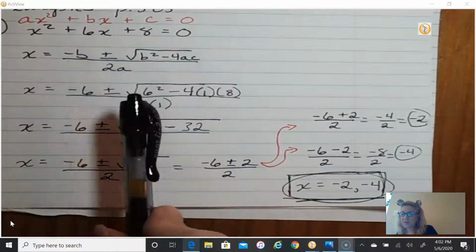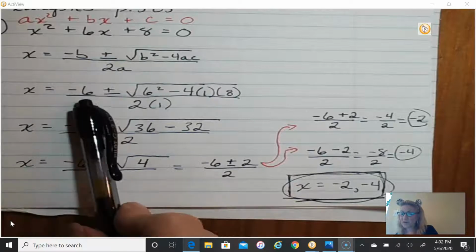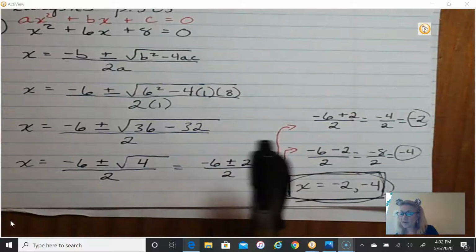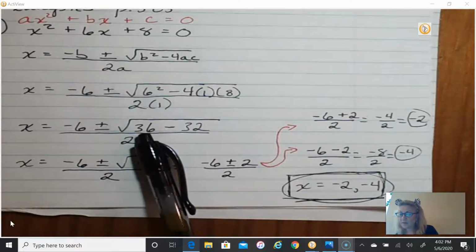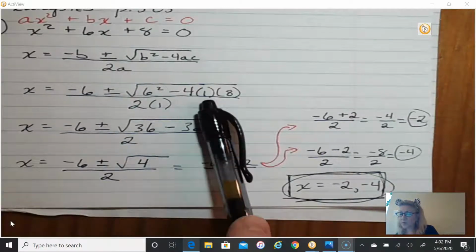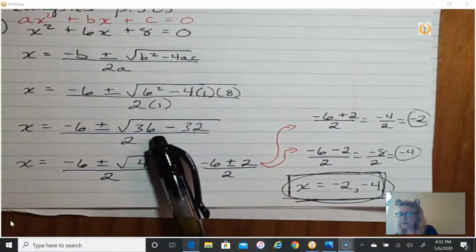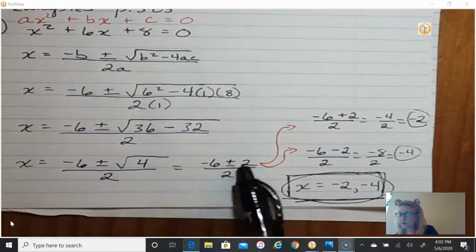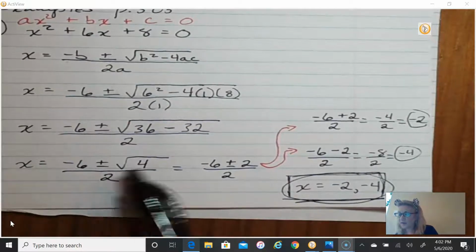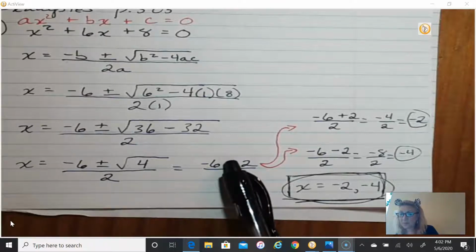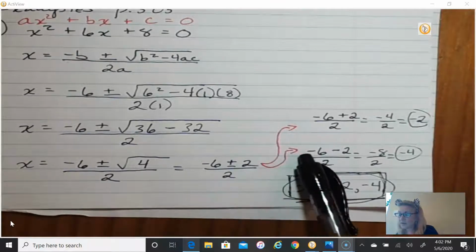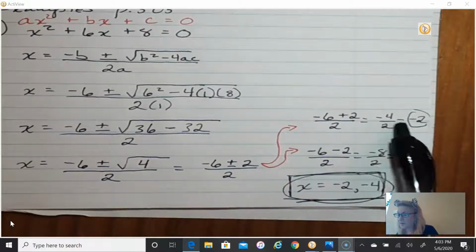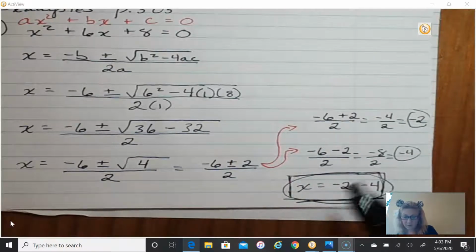Wrote out the formula, substituted the correct number for the variable, and then I just started solving. 6 squared, and then negative 4 times 1 and 8, subtracted, square root of 4 is 2. I just kept rewriting all this here. And then, because of that plus and minus, I have my arrows. This is going to be the plus, and right here is going to be the minus. And you work it out, and there's your answer.